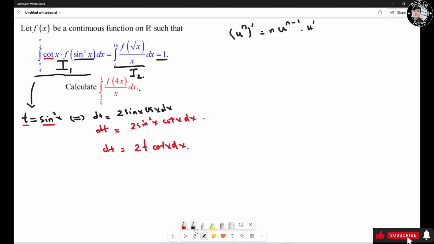Now I need to change the lower and upper limits. When s equals pi over 4, t equals 1/2. When s equals pi over 2, t equals 1. Now I have the new integral.